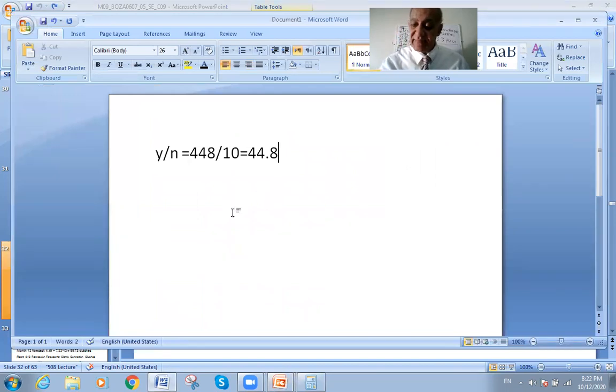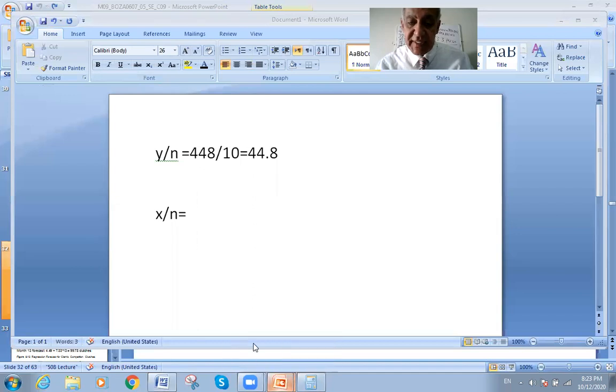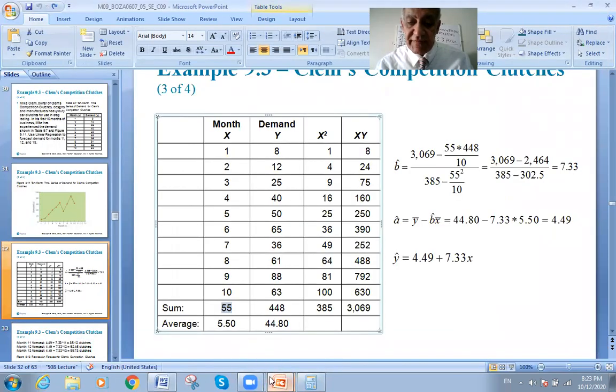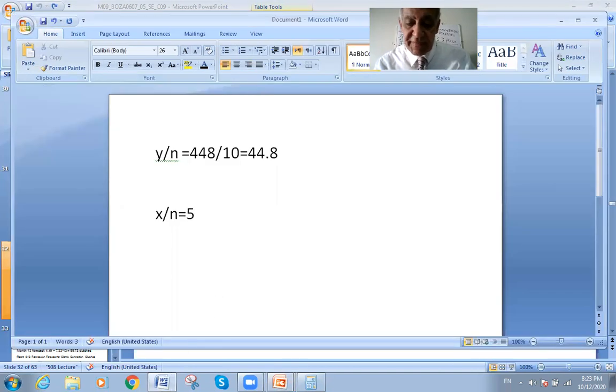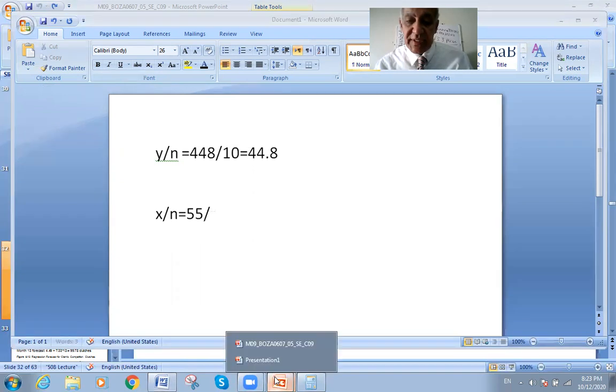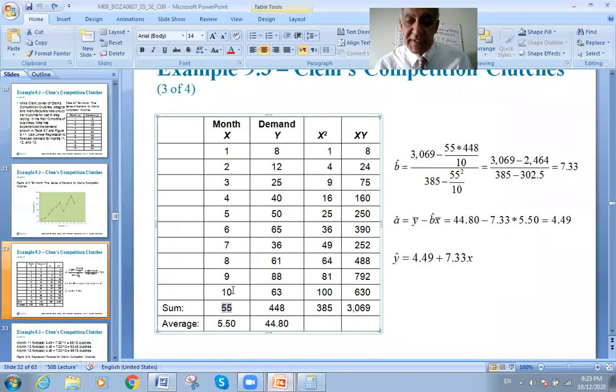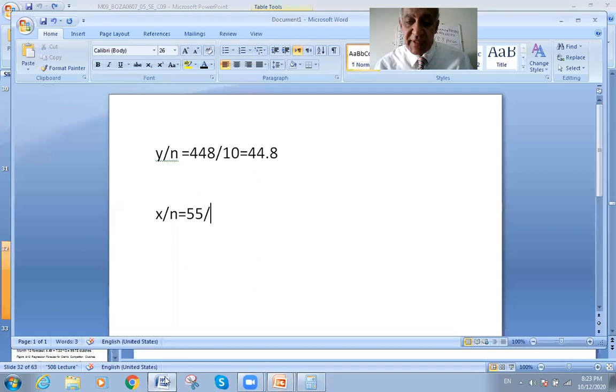The same thing: summation x divided by the number of months n. X is 55, divided by the number of months, which is 10.